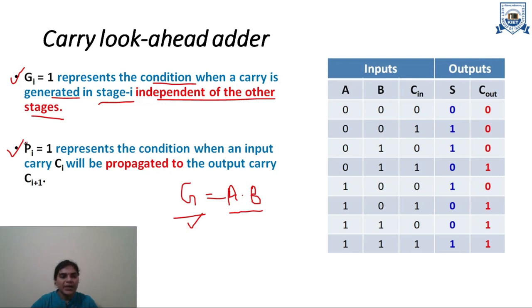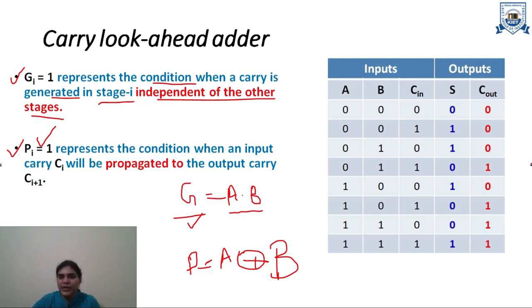And what is Pi? Propagate the carry. The carry is propagated when Pi is 1. Pi is A XOR B. It will propagate the carry at stage i to the next stage i plus 1.